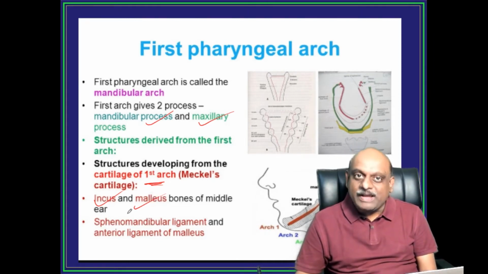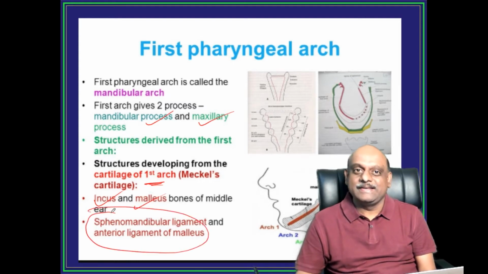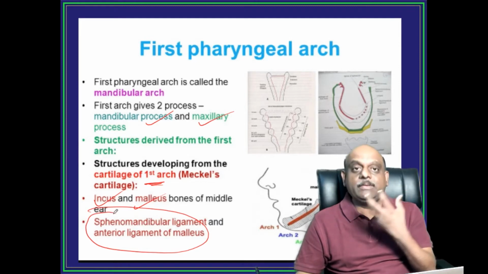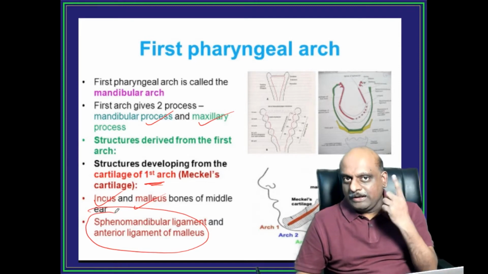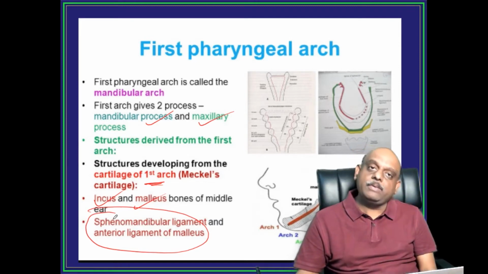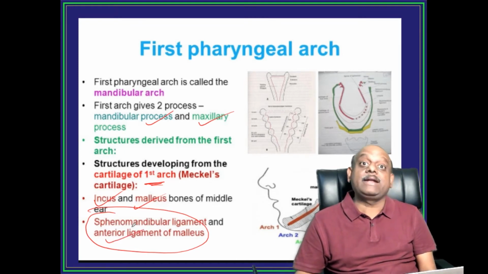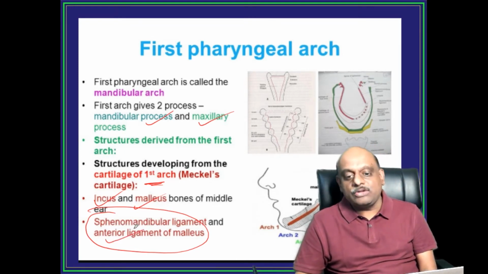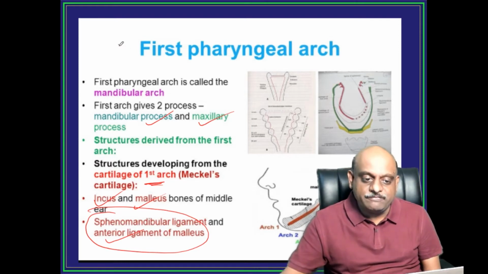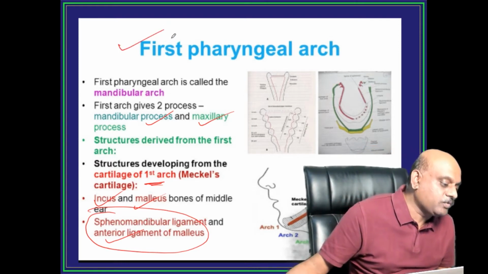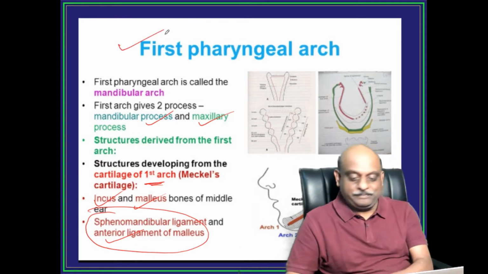Then, now we come to the examiner's question. Sphenomandibular ligament. Sphenoid process of the maxillary bone to the mandible. The connecting ligament is sphenomandibular ligament and anterior ligament of malleus. They're also derived from the first pharyngeal arch, is what you have to basically remember.